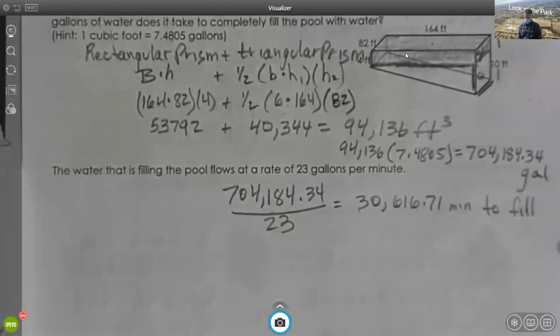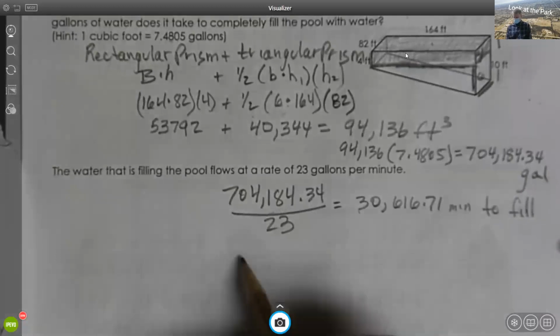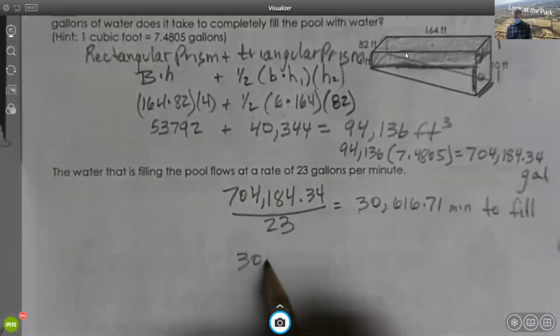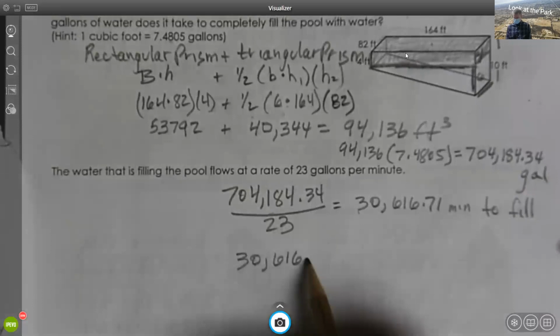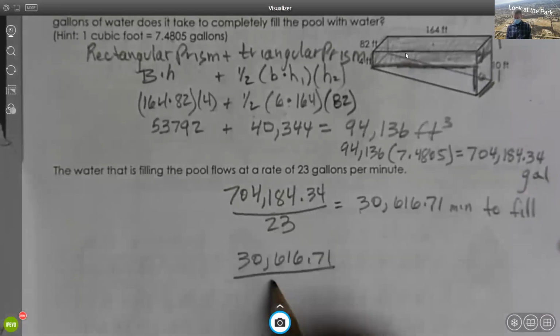And we can convert this into hours by taking our 30,000 and dividing that by 60.